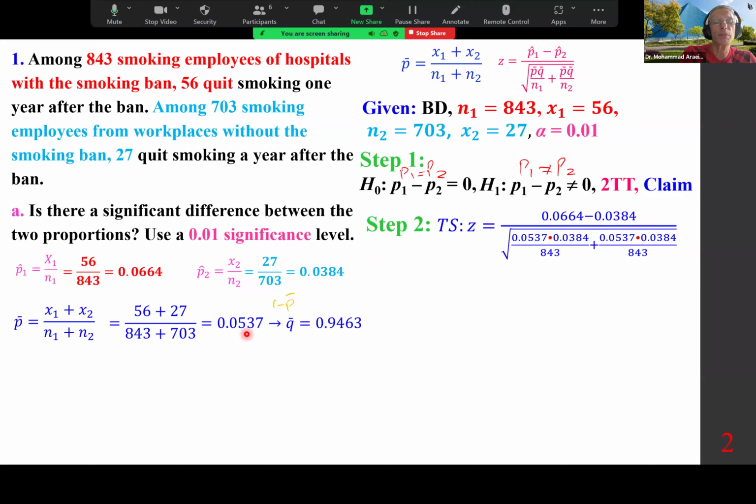P bar is 0.0537, Q bar is 0.9463, over 843 plus the same thing over 703. I want to make sure that we have that taken care of. And we have the test statistic.